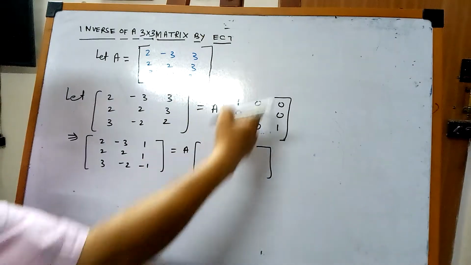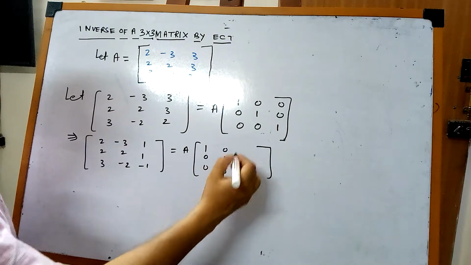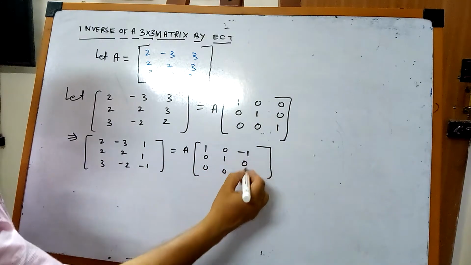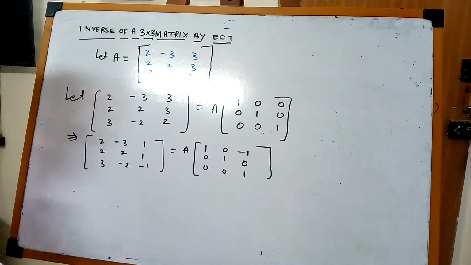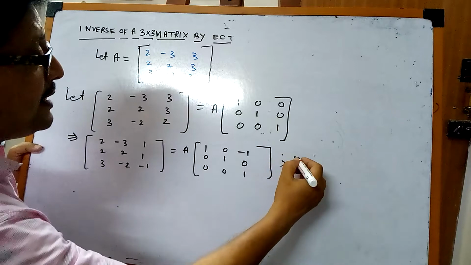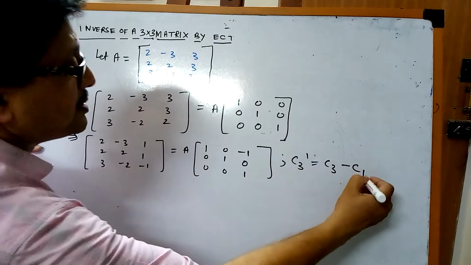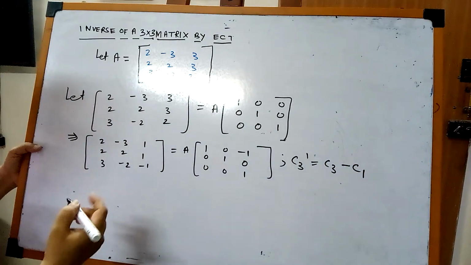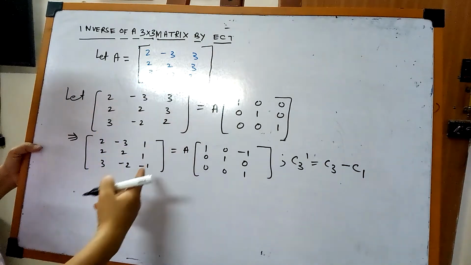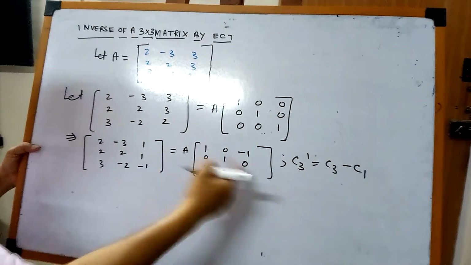And when you subtract this from this, it will be 1, 0, 0, 0, 1, 0, minus 1, 0, 1. Okay. So the operation I will be writing here is C3 dashed equal to C3 minus C1. C1 I have subtracted from this. So here I got like this, and here when you subtract it you get this.